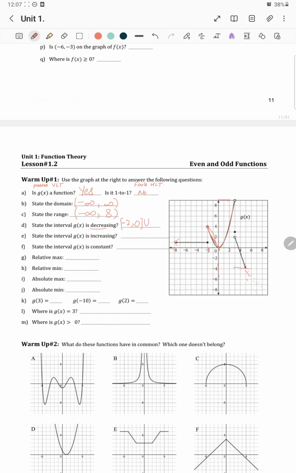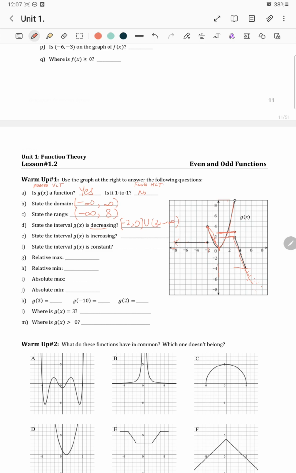It is also decreasing from here to minus infinity, and this point is 2. So 2 is not included, to minus infinity. This is the point and this is 3.